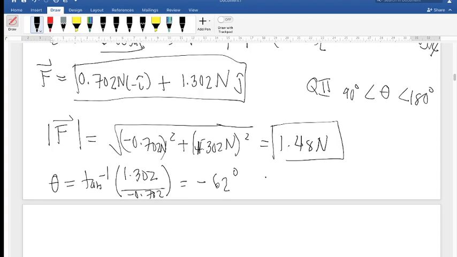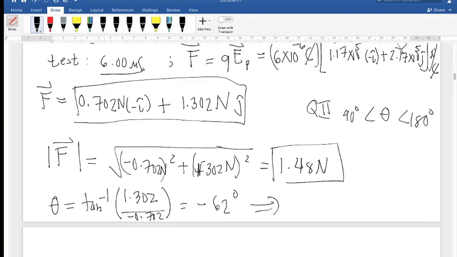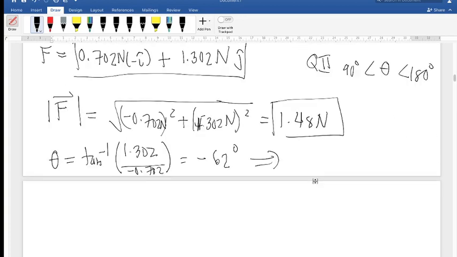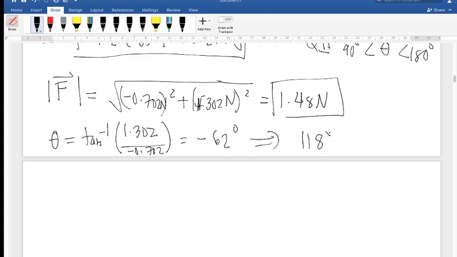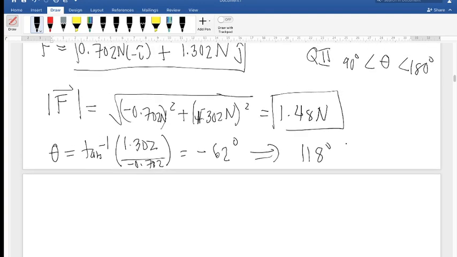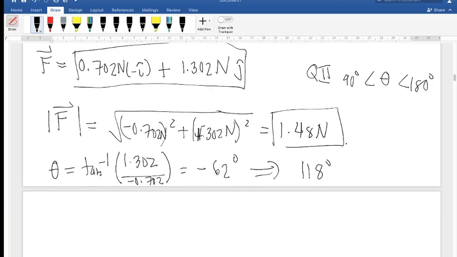Or again, we can shift that one, same as in the electric fields. They have the same direction. So we have 118 degrees. They have the same direction because your test charge is positive, right? As you can see in our concept. Okay?